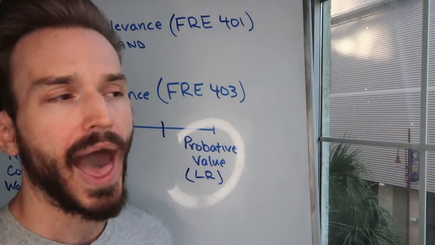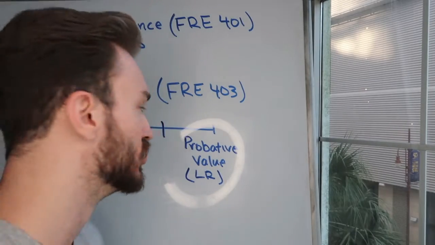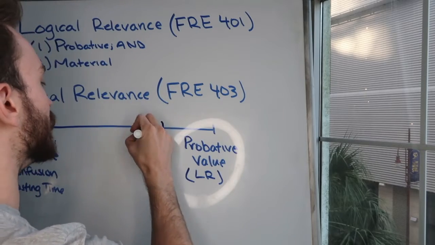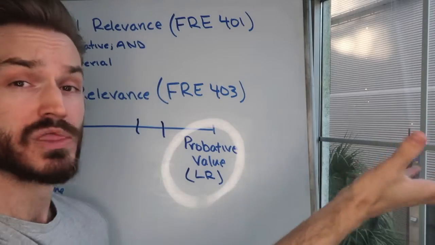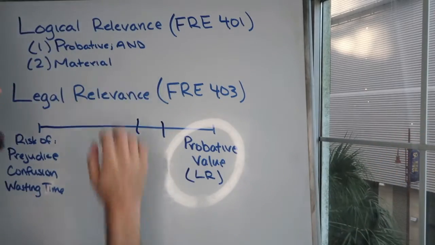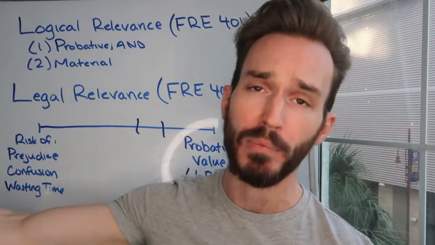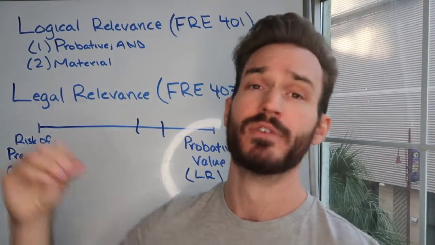But what starts to happen as more and more photos are getting introduced? Well, we would say that the next photo has less probative value, right? Once you've already established with a photo, you've shown the jury, hey, look, the fact that I suffered is more probable, you've already gone from 0% to very high.